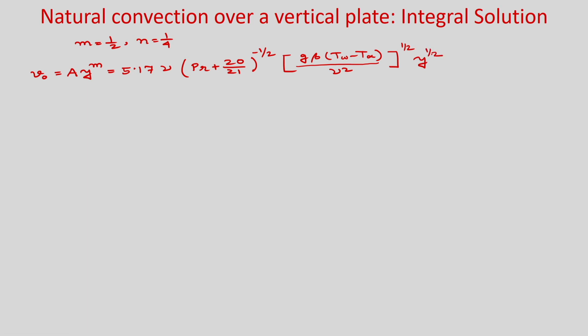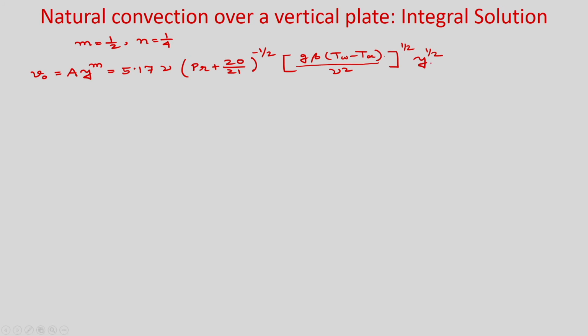Now, you can see if we put inside here y cube, then it will represent the Grashof number, g beta delta T y cube by nu square. That will give you the non-dimensional number, the Grashof number. So, we will put inside y cube, and we will subtract from here.